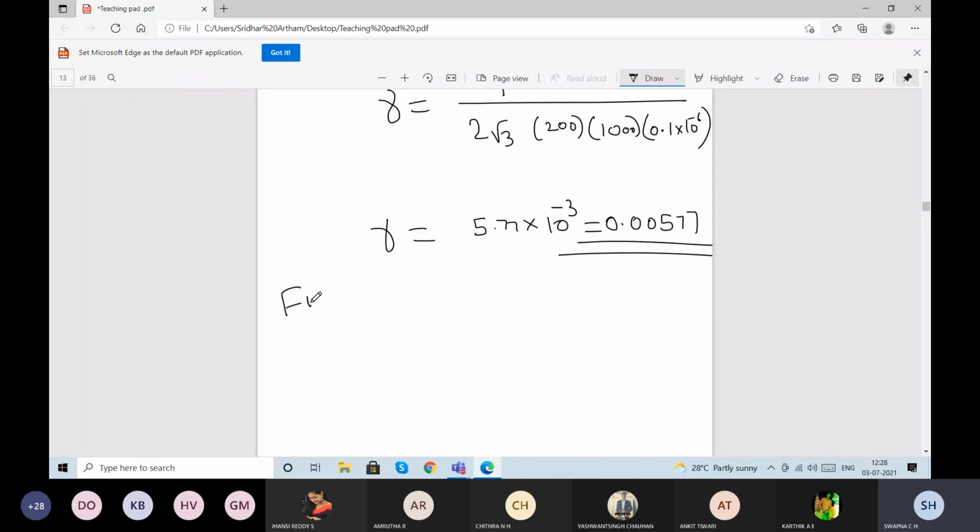In the same way, you need to find gamma for the full wave rectifier also.